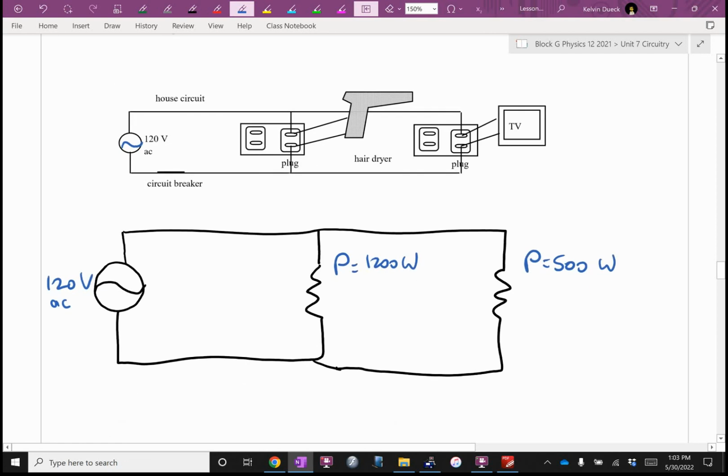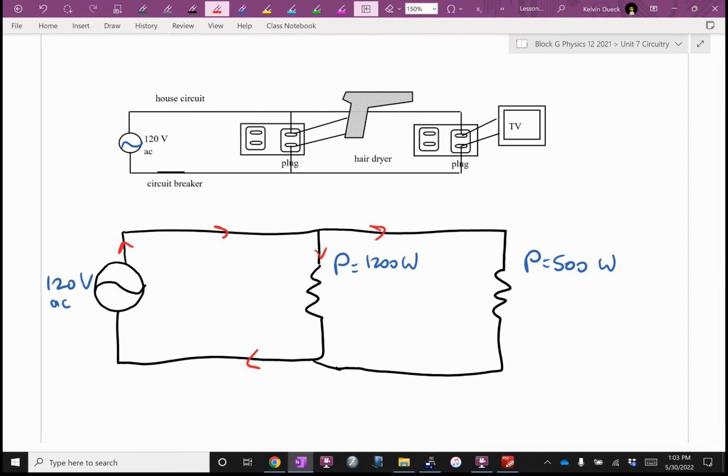Now, I'm going to say which way is the current flowing. In AC, it flows in both directions, but let's just pretend that that's downhill, because that's what we usually label first. In real life, it just goes back and forth. Do I know how many amps are leaving this particular circuit? Nope.